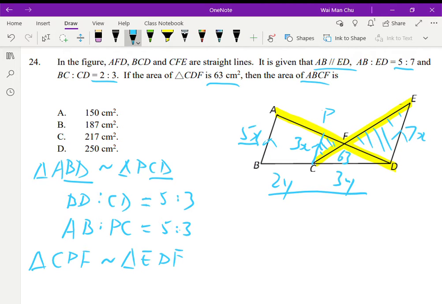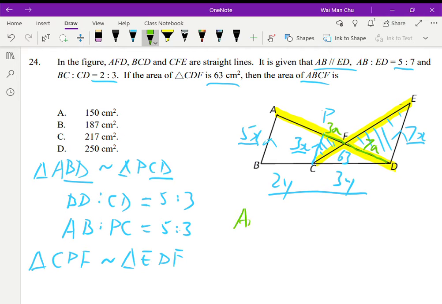And because you already found a pair of corresponding sides, 3x and 7x, the ratio is 3 to 7. So that means if you talk about some other corresponding sides, their lengths are also in the ratio 3 to 7. So suppose I call this one 3a, this one is 7a. So you can now use the ratio of this pair of sides to talk about the area of CPF.